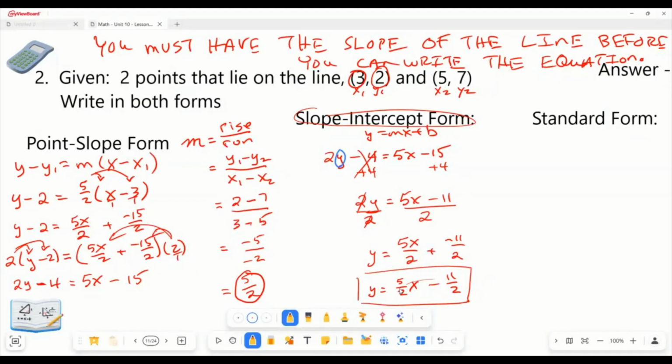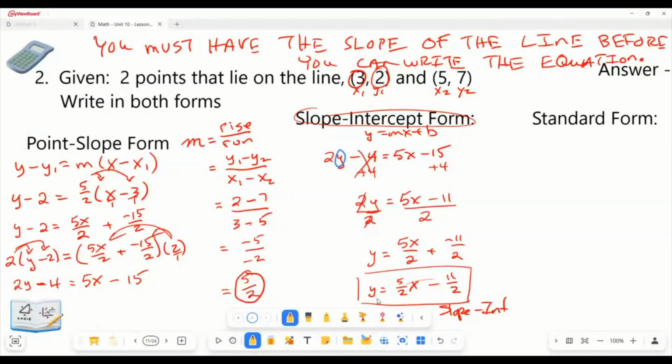These 2 points lie on that line, which means that when you put the x value in, the y value in, you get a true statement. Both sides of the equal sign are the same. This is in slope-intercept. We now need standard form.